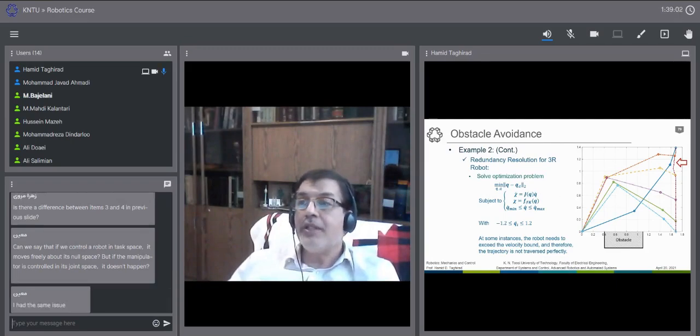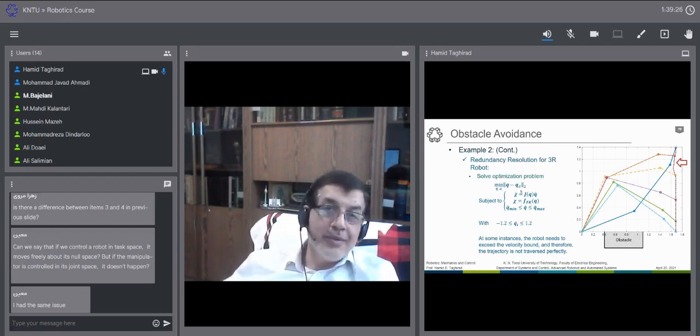You know, the problem is our cost function is in Q space, but the constraint is in differential Q, in X dot. If you don't put this one here, the relation between Q and Q dot is not confirmed.